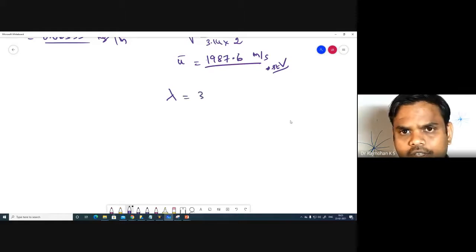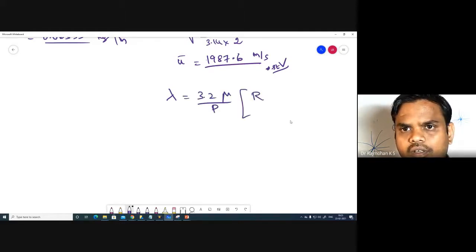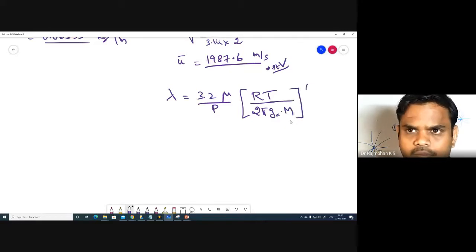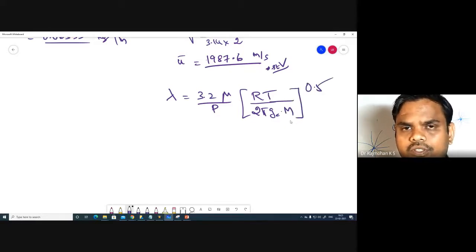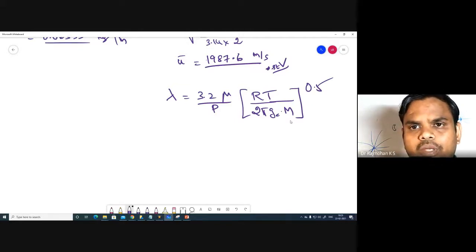Lambda is equal to 3.2 mu by p into RT by 2 pi Gc M to the power 0.5. It's not a function of u bar.